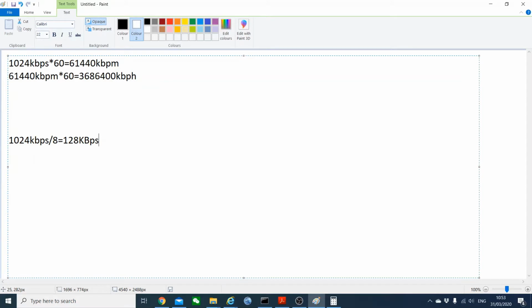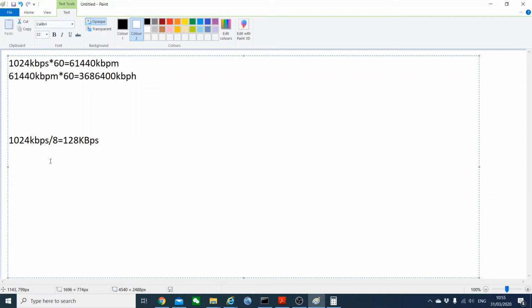So we have 1024 kilobits inside 128 kilobytes. So now we know that this camera that takes 1024 kilobits per second will record for 1 hour at 3,686,400 kilobits per hour.